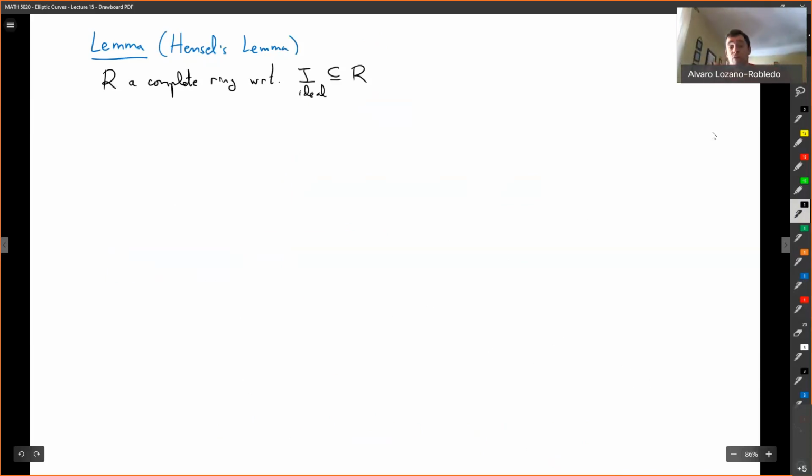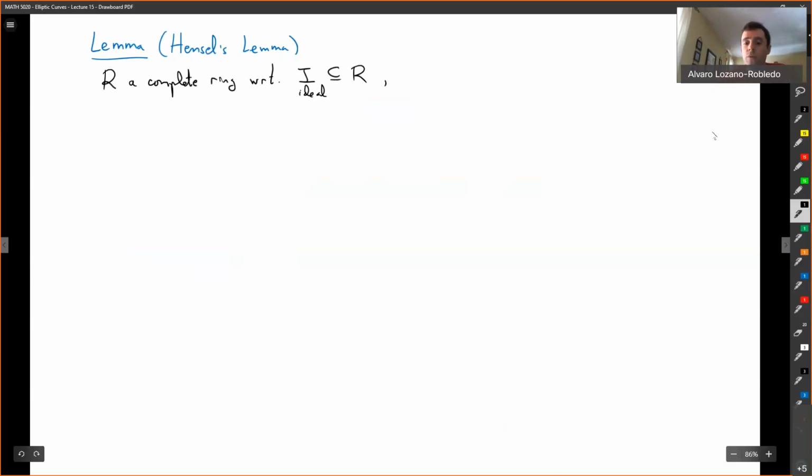And here, if you remember, one of the constructions we did with inverse limits was to construct power series as an inverse limit of rings of polynomials. This is what R is going to be, a ring of power series, which is complete with respect to the maximal ideal Z. So if R is power series in Z, then the ideal generated by Z is the ideal I in this case.